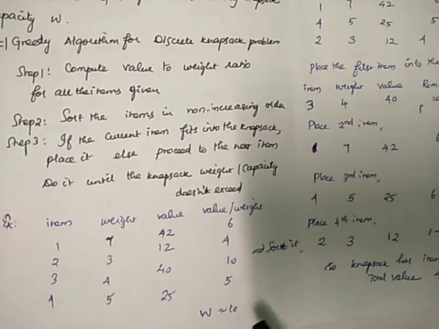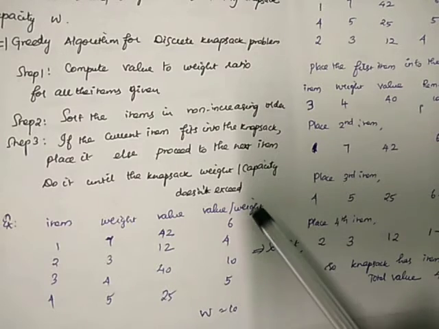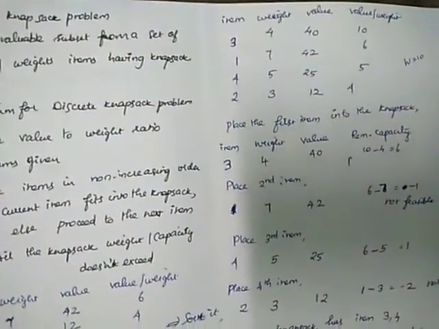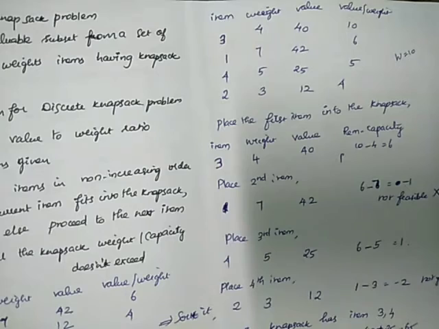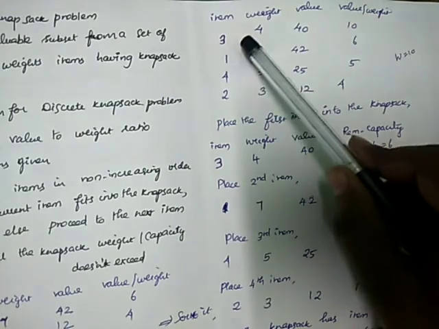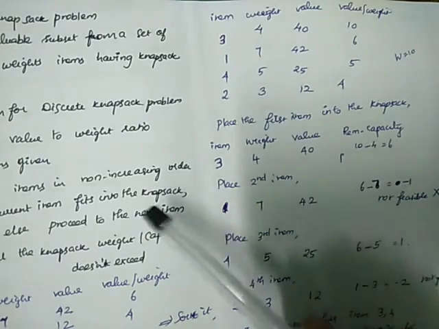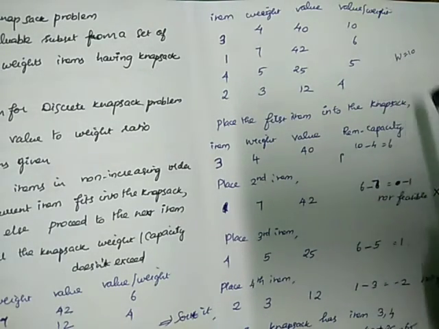Knapsack capacity W is 10. Based on this value, sort the items. So the updated item list is: item 3 comes first, then item 1, item 4, and the last one is item 2, with value to weight ratios 10, 6, 5, 4.